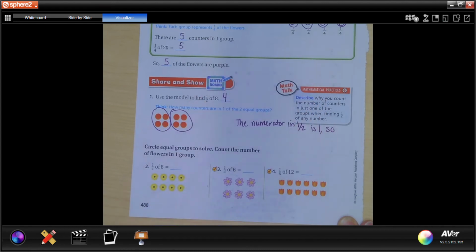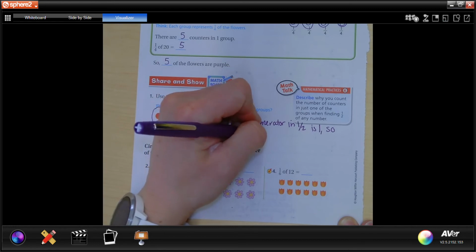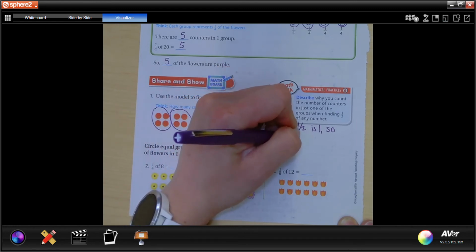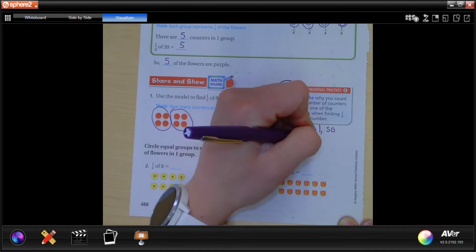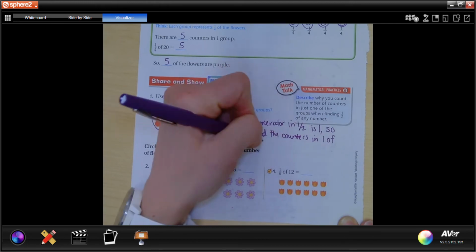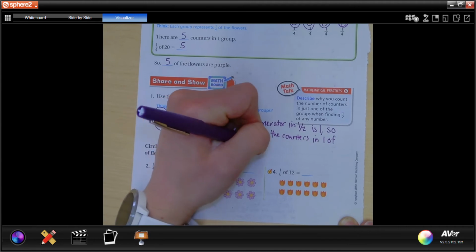So that means that I counted the counters in one of the two groups.